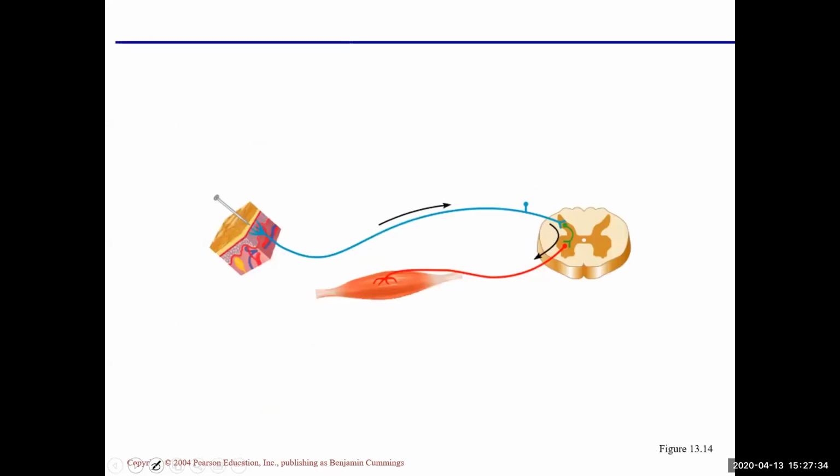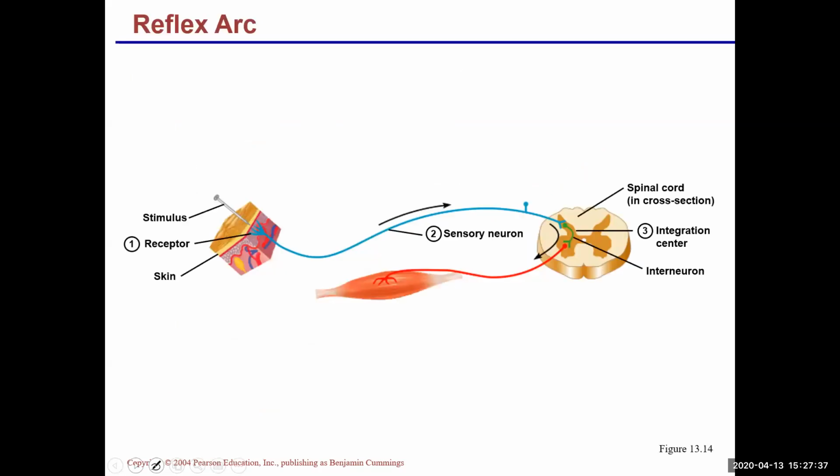Let's take a look at this scenario. It looks like a nail went into the skin, all right? Here, you probably have a certain type of receptor, a pain receptor, detecting that. This is probably a nociceptor. Here, you have a sensory neuron. That's number 2. Number 3 is the integration center.